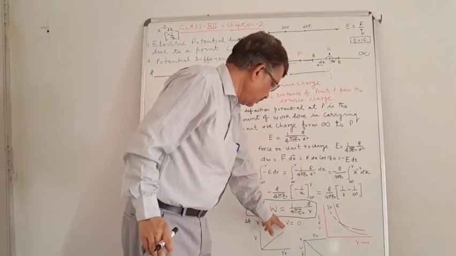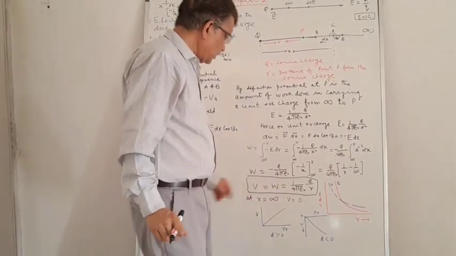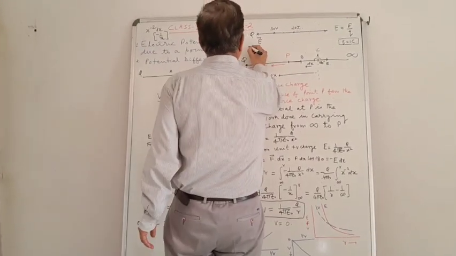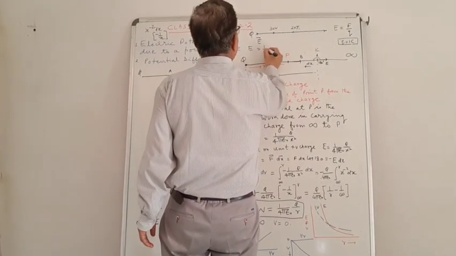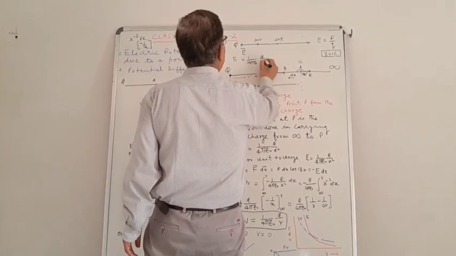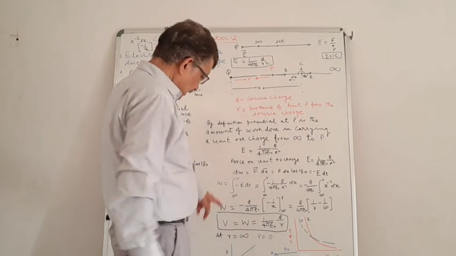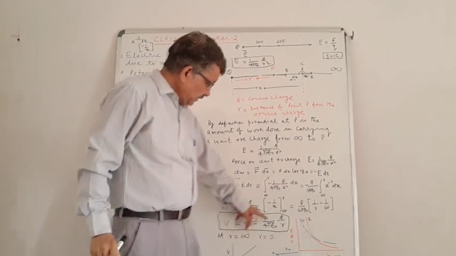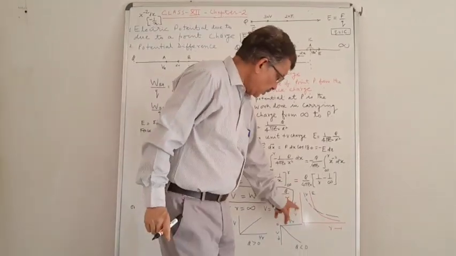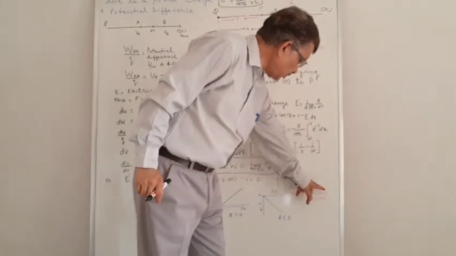Now, as we know, the electric field intensity is equal to 1 by 4 pi epsilon naught Q by R square, and this is the value of the potential at a distance R. So now we have to draw the graphs of E and V with respect to R.